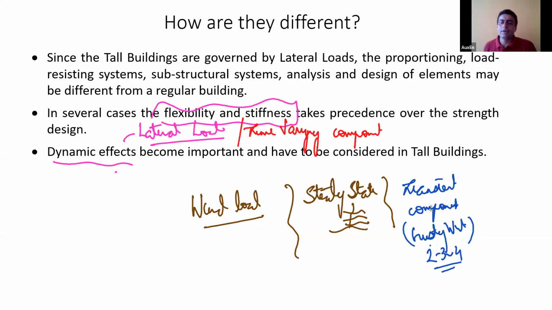So this gusting wind, which may last for, let's say, 2, 3 seconds, how does it become important for our tall building? It becomes important for our tall buildings because our tall buildings may have the fundamental time period, or the natural time period, in this region.